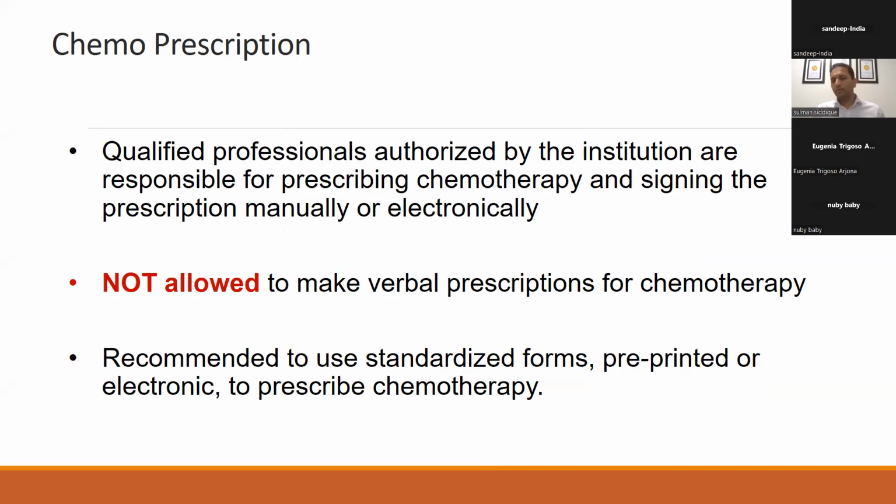As we know, with any medication administration, verbal prescriptions or verbal orders are not allowed. That should always be discouraged. In fact, that's a red line. No one should do that. It is recommended to use standardized forms, pre-printed or electronic forms to prescribe chemotherapy, which is happening.